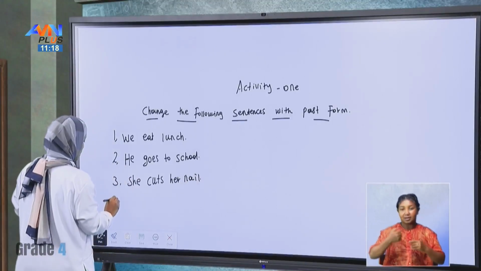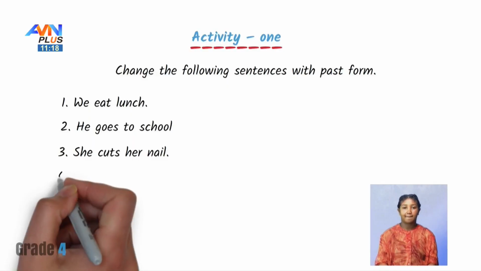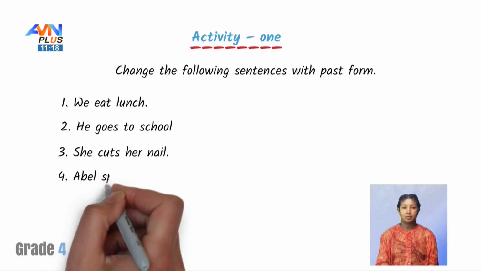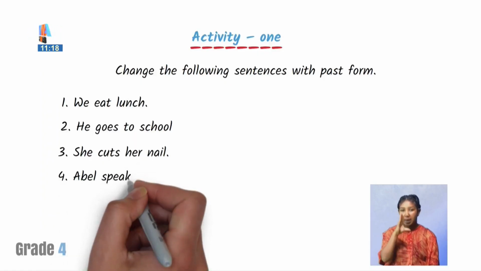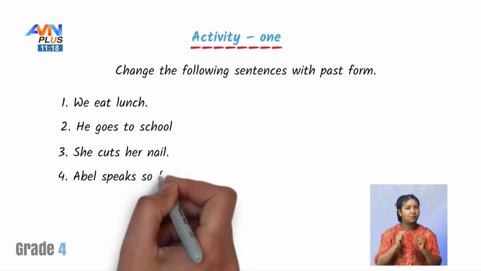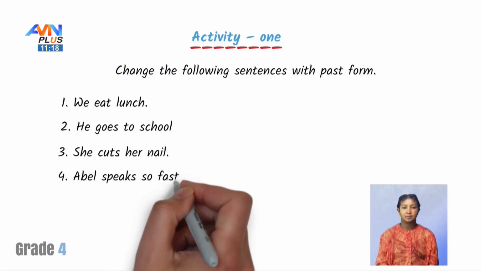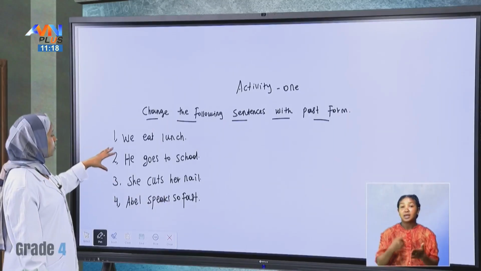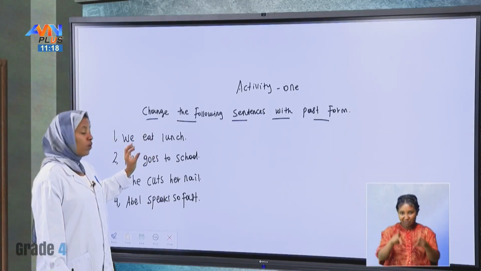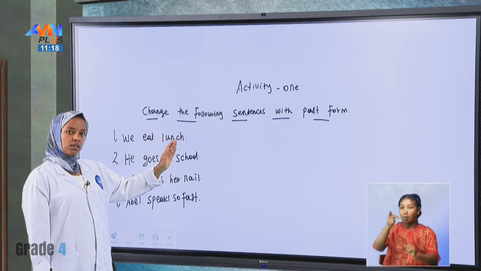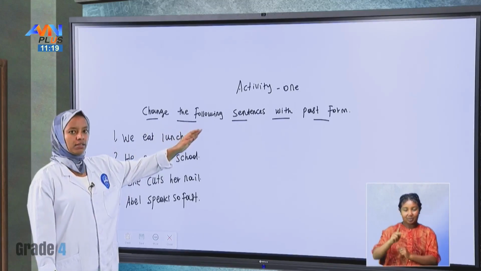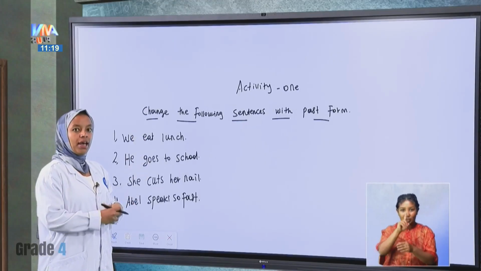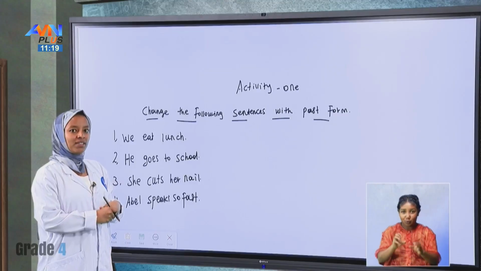And here is 4. Abel speaks so fast. Look, students, here are some examples from simple present tense, and we are going to change them to what? Past tense. Students, let me give you 3 minutes for all the questions, and I'll give you the correction and we'll practice together.